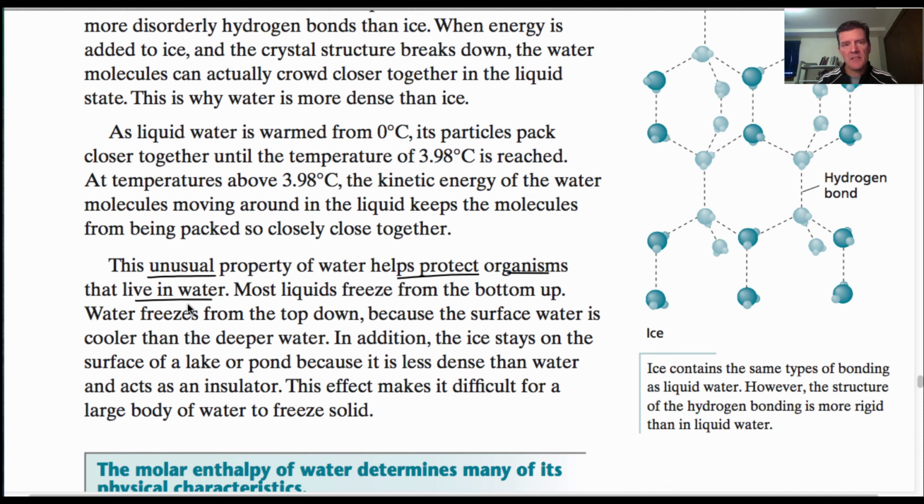It's going to kind of be insulated, all right? So most liquids freeze from the bottom up, but not water. Water freezes from the top down because the solid begins to float. The water, when it freezes, goes to the top. Okay? And then the surface water is cooler than the deeper water, and the ice stays on the surface of the lake or pond because it's less dense, and it acts as an insulator. And that keeps the plant life and the lake or pond life from dying. Okay? That's amazing.